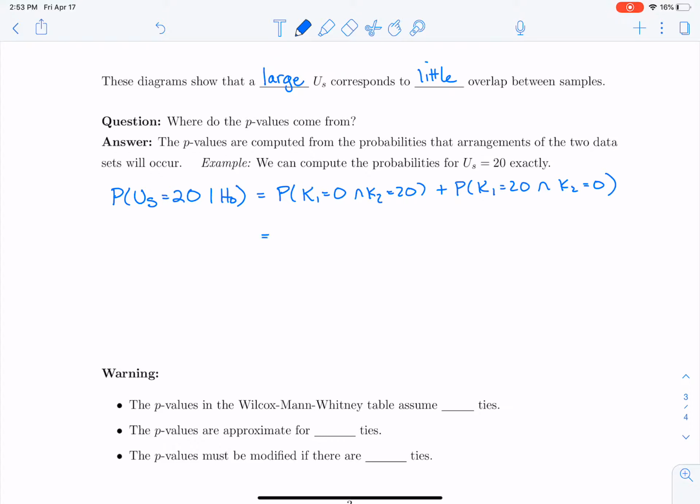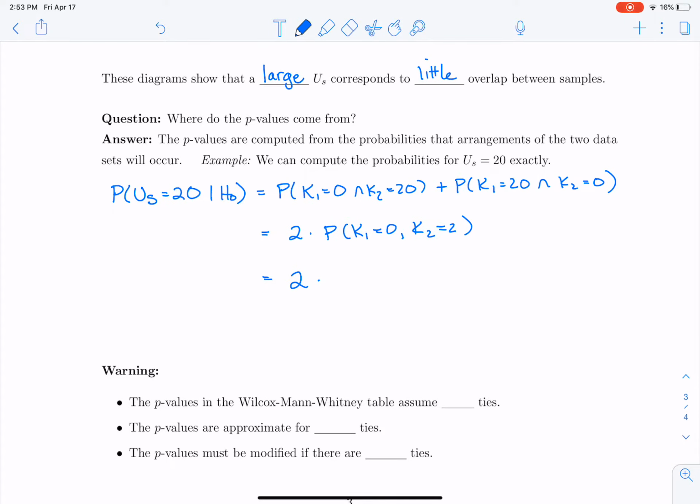Well, notice that these two probabilities should probably be the same, because there shouldn't be any difference between if I label one of the groups group 1 and one of the groups group 2. So this is really 2 times the probability that K1 is 0 and K2 is 20. Now, what's the probability that K1 is 0 and K2 is 20?